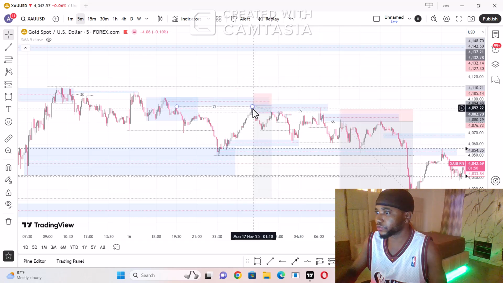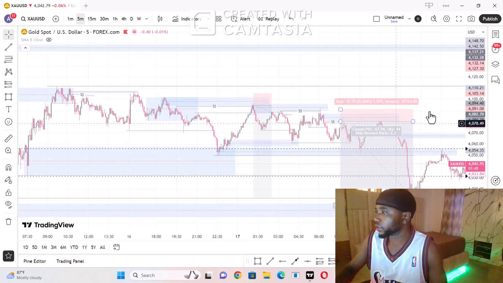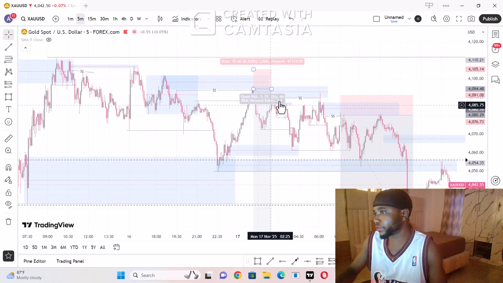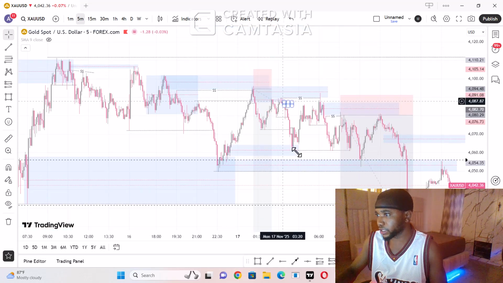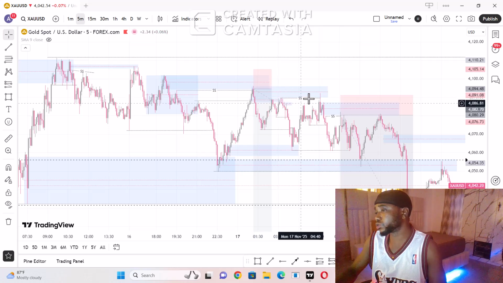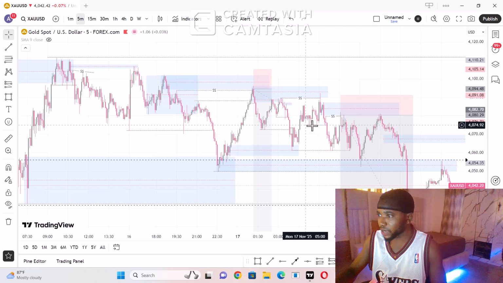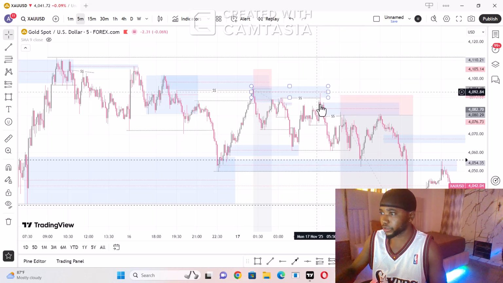There's another order block in 5 minutes right here. And the market made use of this fair value gap for this movement, and the market had to take it out to turn it into liquidity. The market started moving down. When I noticed that, I waited for the market to take out this last low to this 5 minutes order block. This is the last low to this order block after the market swept the liquidity.